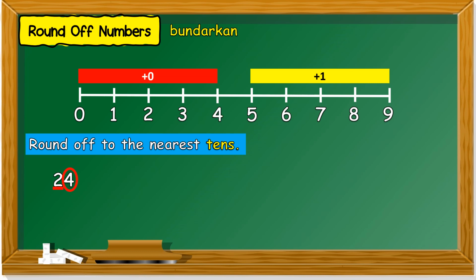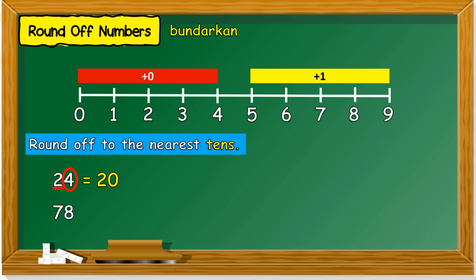Okay, it's here. So, is it plus 0 or plus 1? Plus 0. So, when you round off 24 to the nearest tens, 4 becomes 0, and 2 you don't need to plus anything, so it's 2. The answer is 20.